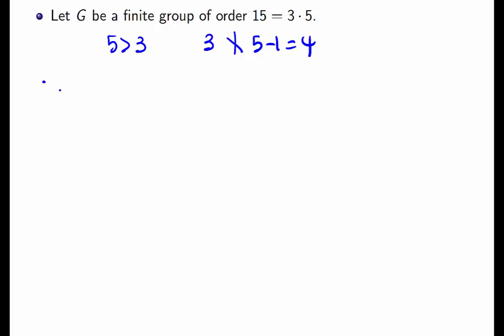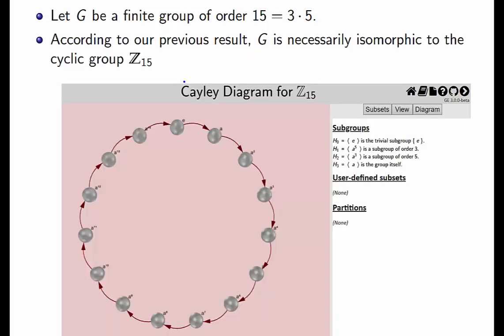So this tells us right away that G is cyclic. Automatically, we can say that any group of order 15 is necessarily cyclic, even though 15 is not prime. Okay.